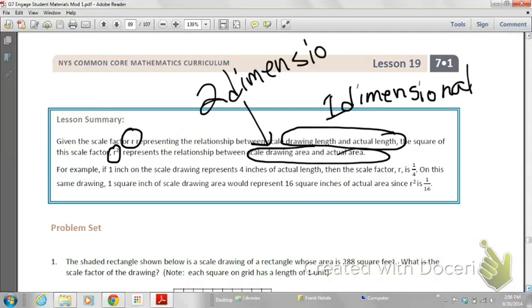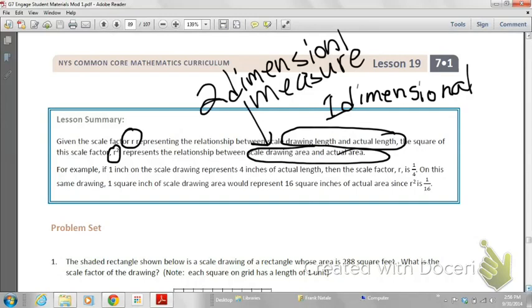It makes sense that this two-dimensional measure would be squared, because that's how you calculate area, by squaring. You're always looking at square units. For example, if 1 inch on the scale drawing represents 4 inches of actual length, then the scale factor r is 1/4.